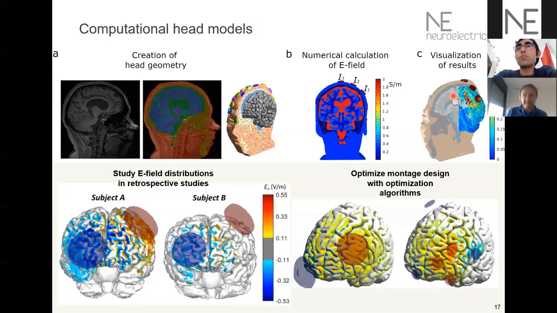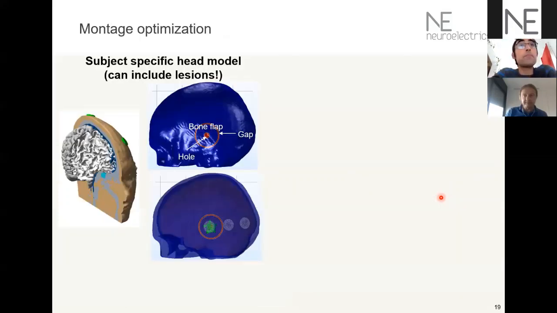But much more interesting, you can use these models to optimize the position and the currents of the electrodes to maximize the electric field in a particular target. This is what we'll discuss how to do next, and this is what's called montage optimization in tES. And this forms the basis for the dose parameter determination that I mentioned previously.